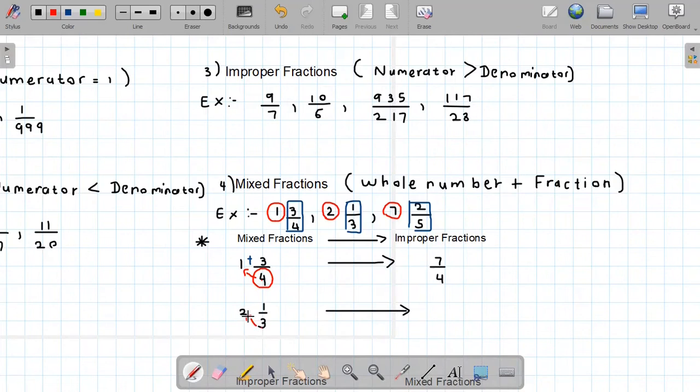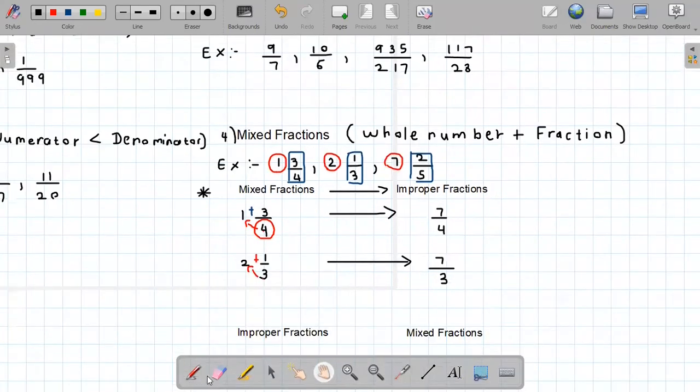So 3 by 2 means 6, and then we have to add 1 to that number. 6 plus 1, 7. Right? Here 7 is the numerator of the improper fraction, and the denominator is going to be 3 because we are not changing that denominator, right?